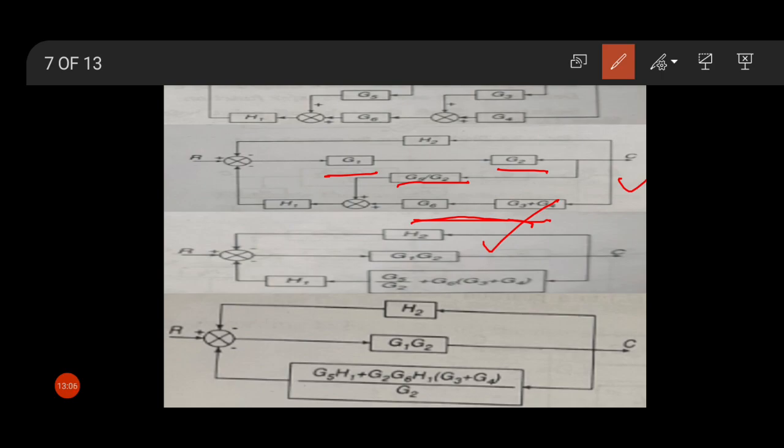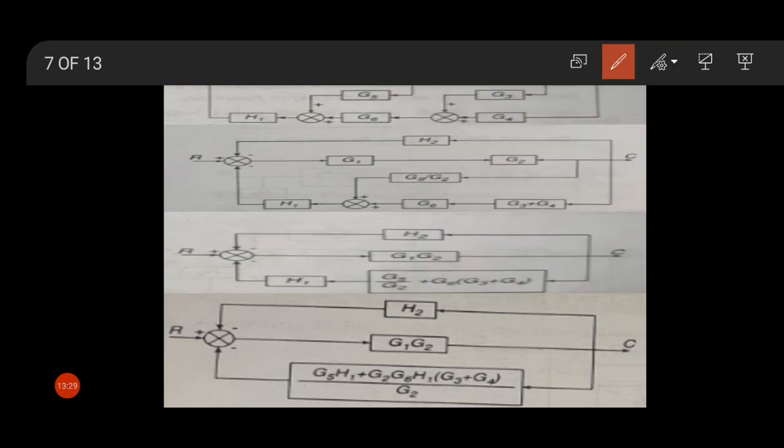So these are added, and here we get G5 by G2 plus G6 into G3 plus G4. Now these two are connected in cascade, so H1 is multiplied with this gain block. After multiplying H1 with this gain block, we get this type of structure.